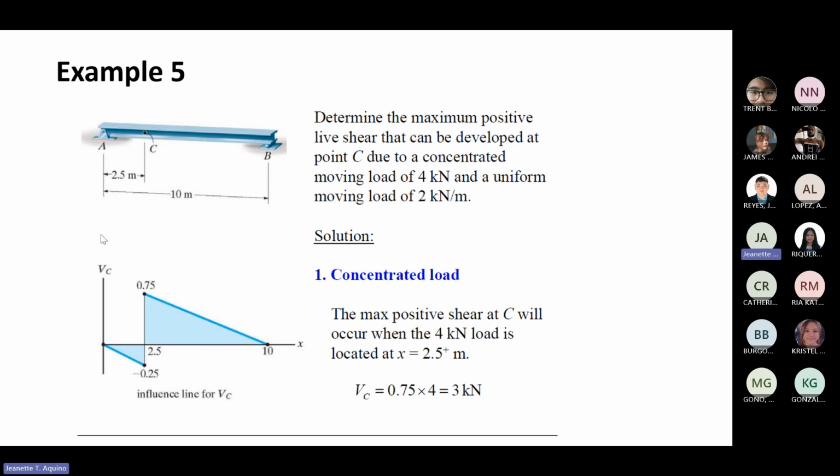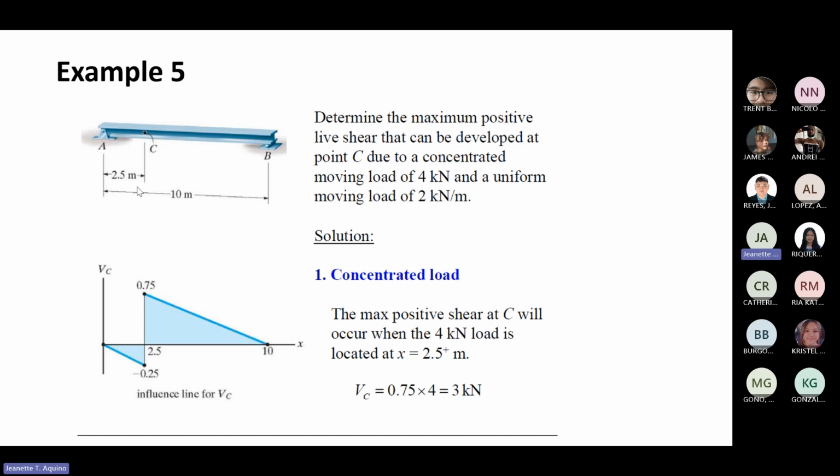Earlier, when I discussed the simply supported beam, we know that the influence line for shear at point C is 0.25 and 0.75, as previously, if you have a unit load of 1.